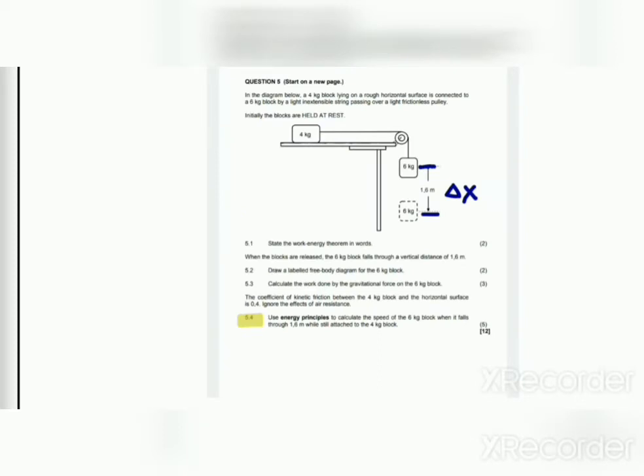The delta x is going downward and our force of gravity is acting downward. So force and delta x are in the same direction. So we don't have an angle between them. So our theta would be 0. Every time we have our force and the delta x in the same direction, theta is 0.